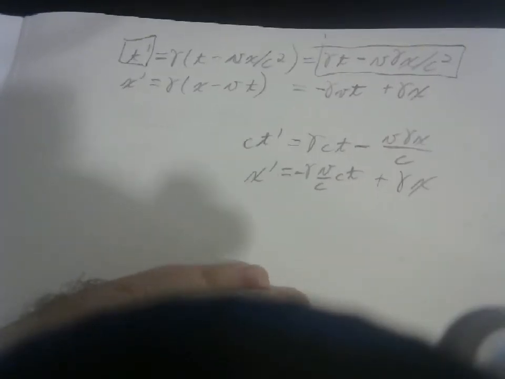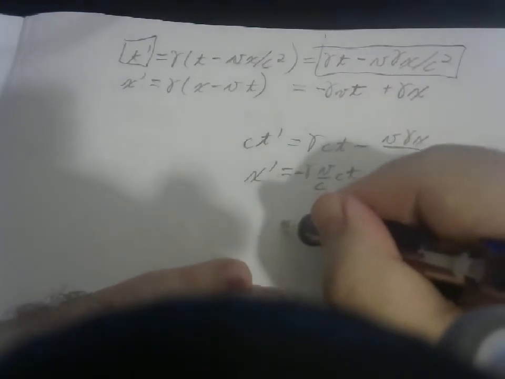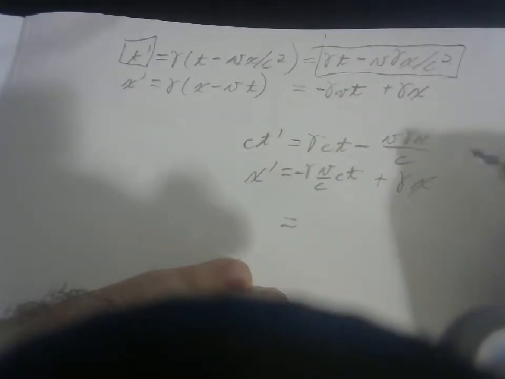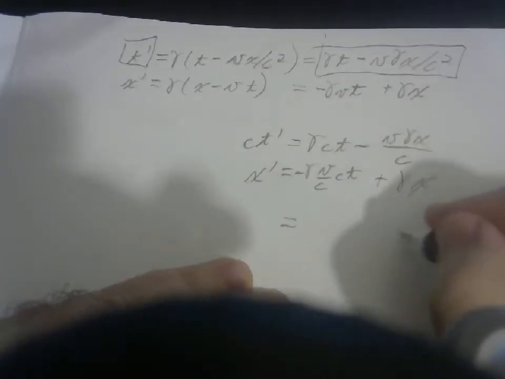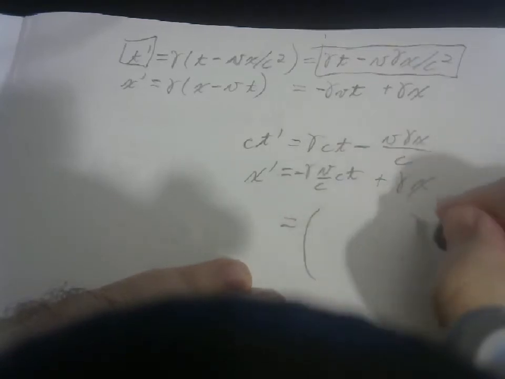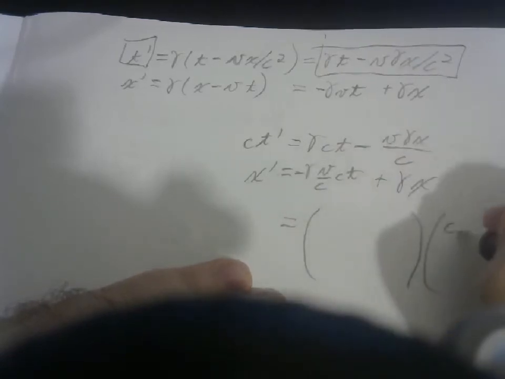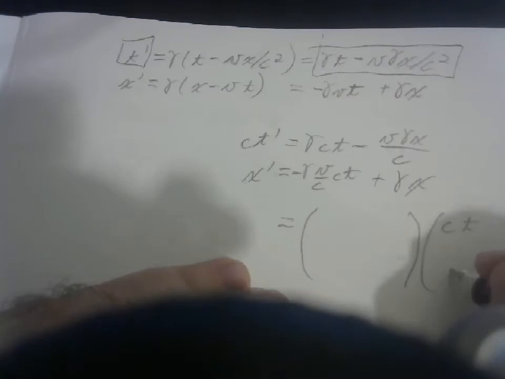All right, so now I'm going to turn this into a matrix multiplication. I've got a c t over here and an x down here.